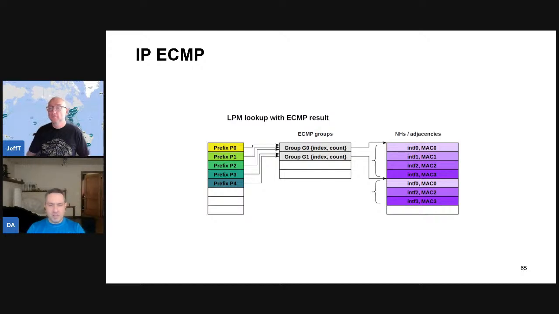It's not going to be plain ECMP, but weighted multipath, even with paths of different lengths, and what would be needed as well is fine-grained balancing between those paths.